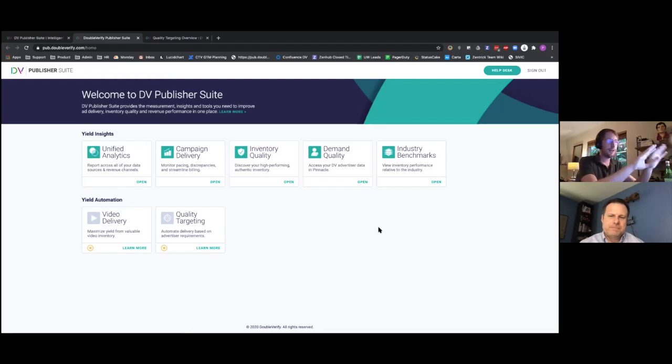And then we have Inventory Quality and Demand Quality, which are the pieces about transparency. What can we tell you about every possible verification perspective across your inventory on the site? That's really extending your first-party data set with all the key verification KPIs like viewability, brand suitability, and invalid traffic monitoring, and taking a step further than just telling you this is your viewable impression count, to digging down into the diagnostics of it.